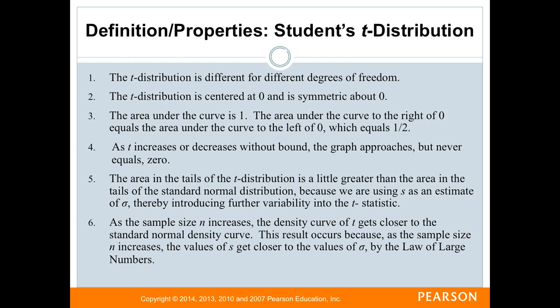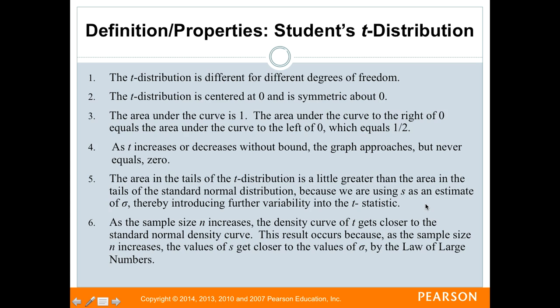They're pretty much the same as the normal distribution so far. Now, this fifth one: the area in the tails of the t-distribution is a little bit greater than the area in the tails of the standard normal distribution. Since we're using s as an estimate of sigma, we're introducing a little bit more variability into our t statistic.